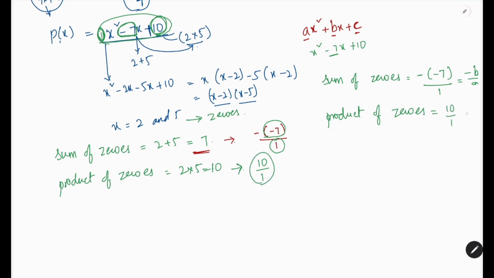Here 10 is c, the constant term, so c by a, where a is the coefficient of x square.